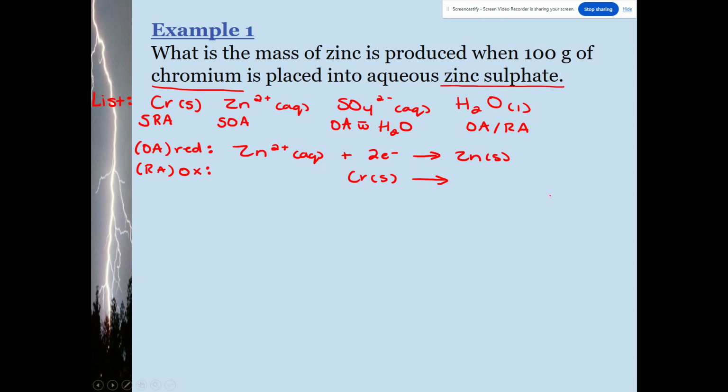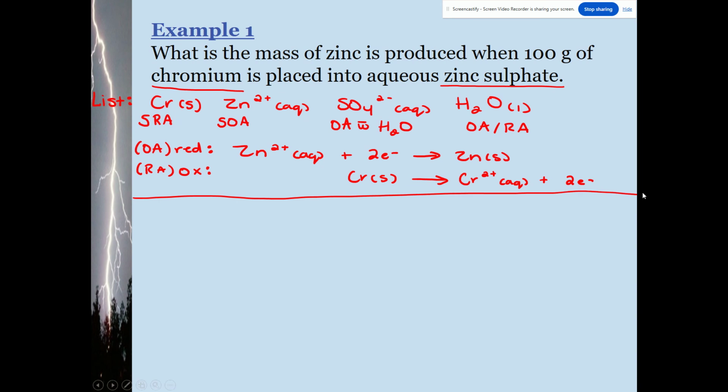We're copying it starting on the right-hand side and copying it over to the left-hand side. On the paper, we write it in the proper order, but copying it from the data booklet looks like the reactants are the products and the products are the reactants, because we're trying to show the electrons as a product. If something's losing electrons, the electrons are a product. So chromium will lose 2 electrons to make chromium 2+ in the oxidation process.